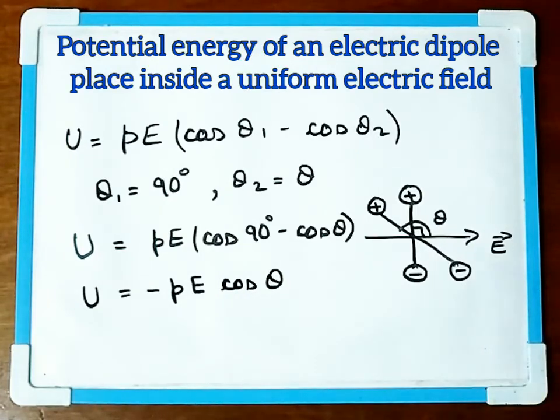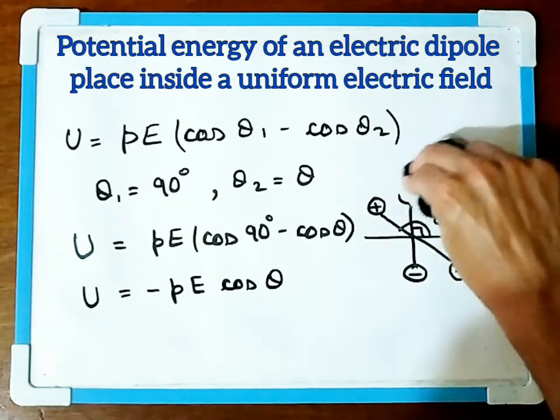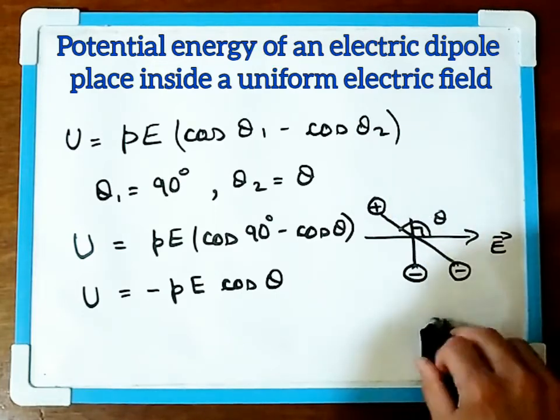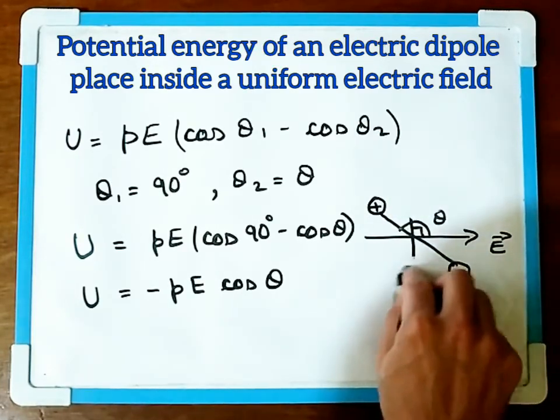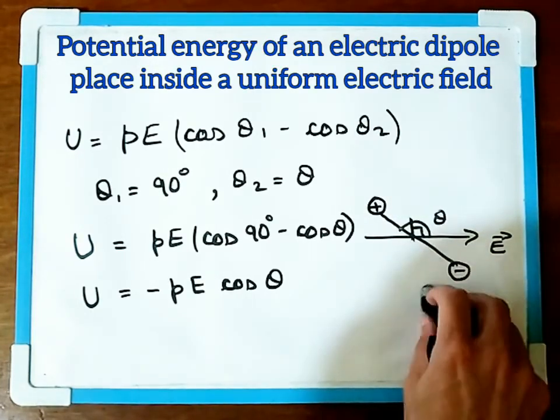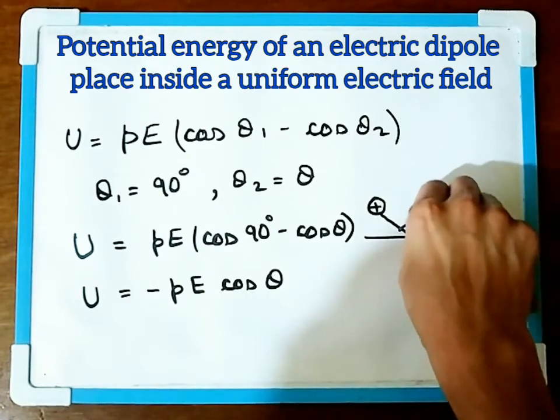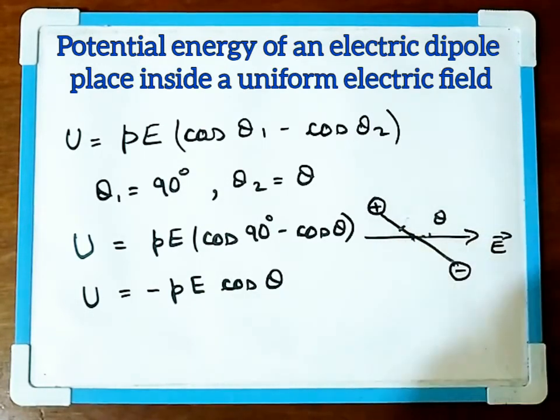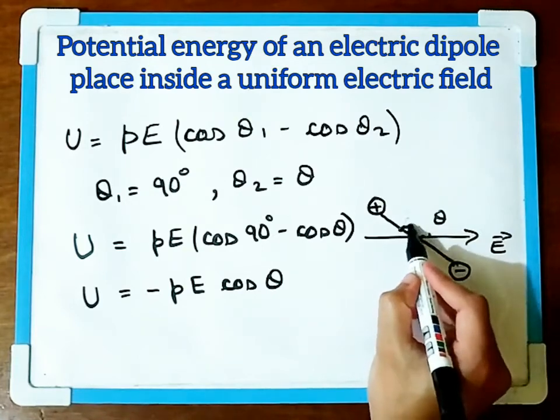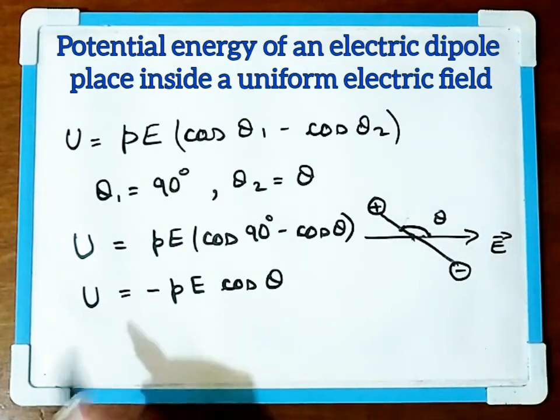So if a dipole is at this position, it has a potential energy of minus PE cos theta.